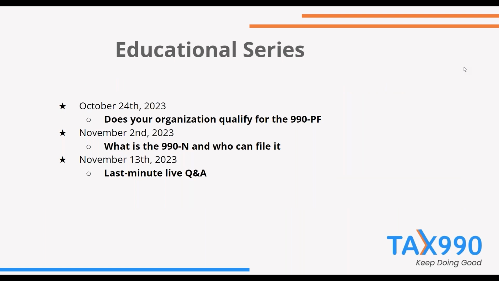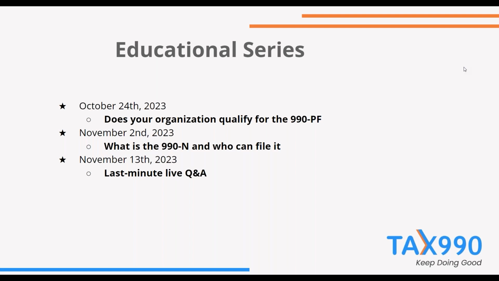We have a few other webinars coming up in our educational series leading up to the November deadline. In a couple weeks, we're going to look at the 990 PF and the qualifications for that. If you need to file the 990 PF or you just want to learn more about it, you can register for that webinar. If you are filing the 990N or want to learn more about the 990N, and if you qualify, we're going to be deep diving into the 990N on November 2nd.